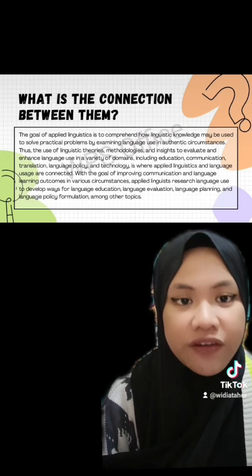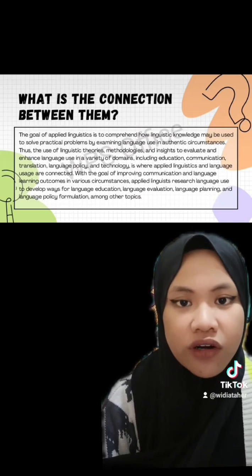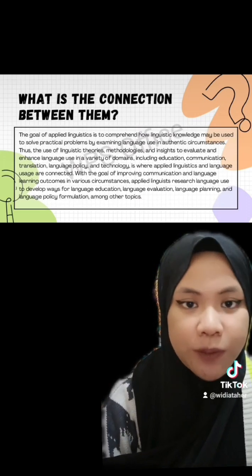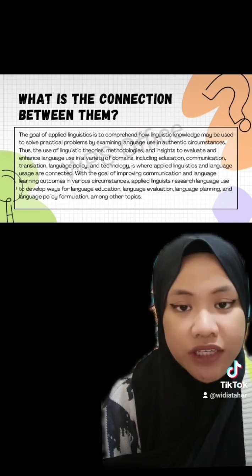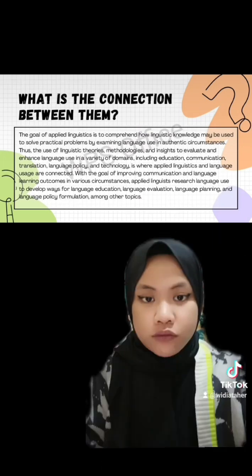Applied linguistics researches language use to develop the way for language education, language evaluation, language planning, and language policy formulation, among other topics.